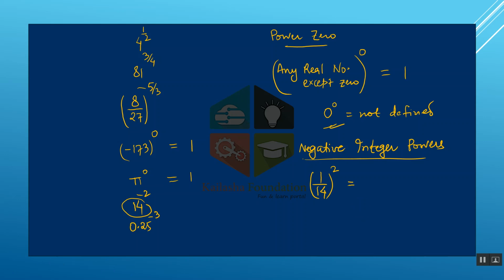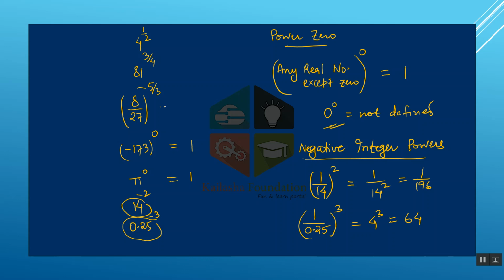So it is 1 by 14 times 1 by 14, that is 1 by 14 square, 1 by 196. Okay. Further, this power minus 3, so 1 by 0.25, power 3, the minus sign is kicked out. 1 by 0.25 is 4, 4 cube, that is 64.